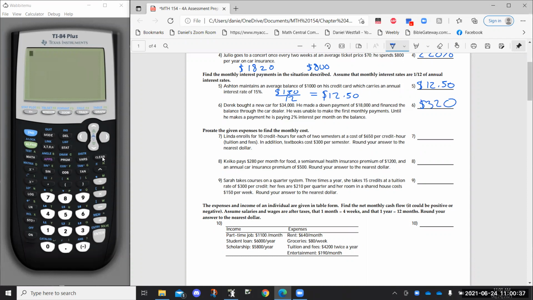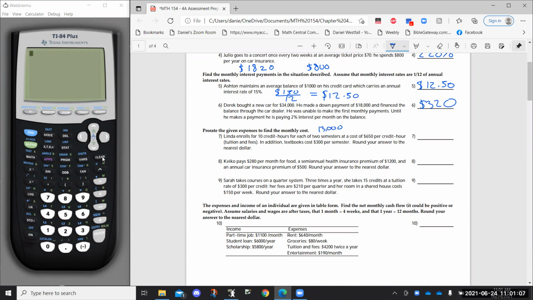Linda enrolls for 10 credit hours for each of 2 semesters. The costs, it wants you to find the prorated monthly cost. So this is going to be 2 semesters at $650 per credit hour, 10 credit hours, that's $13,000 a year for school.